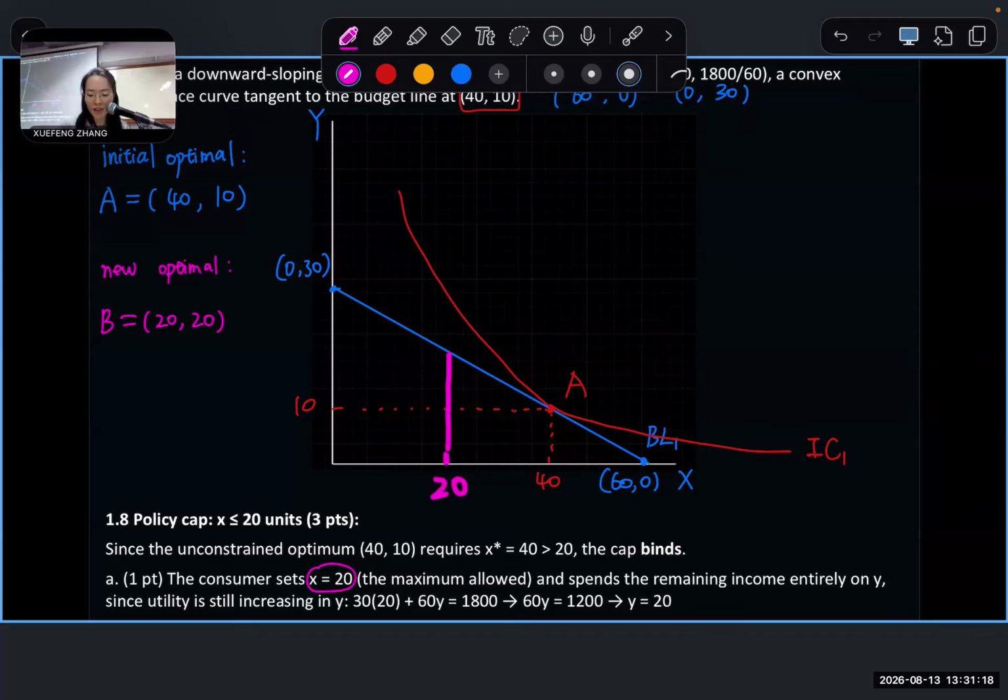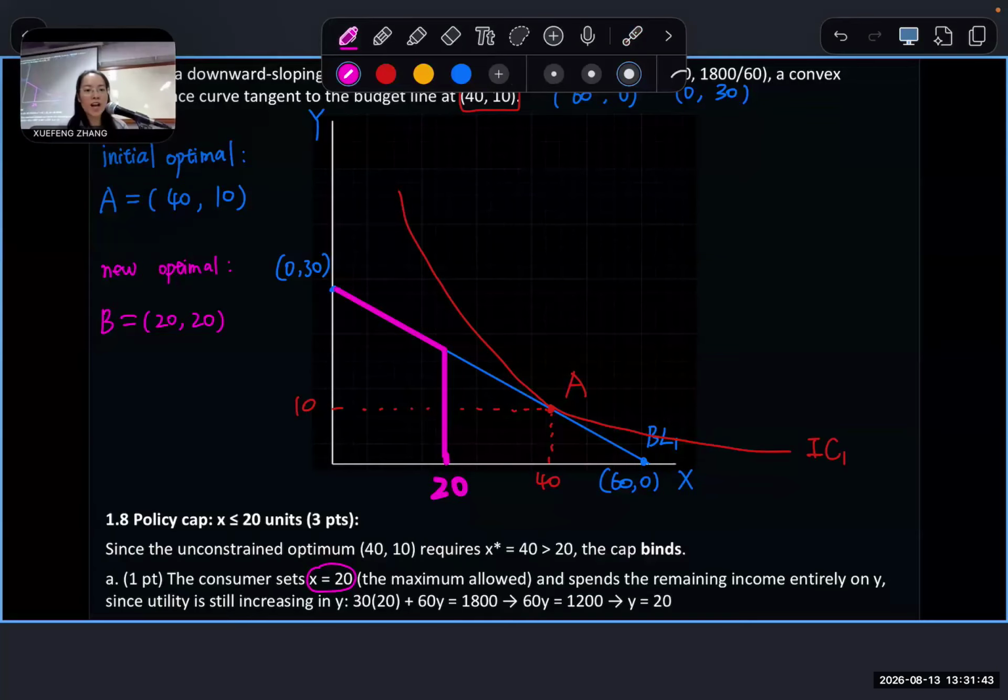So we have a vertical cut here, right? So basically, what is the new budget line? It's here. The pink one, this one, and this one. Because right now the government set the regulation. You cannot buy X more than 20, okay?